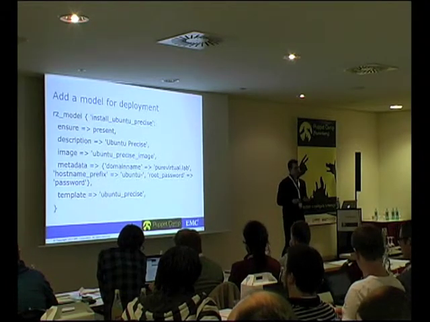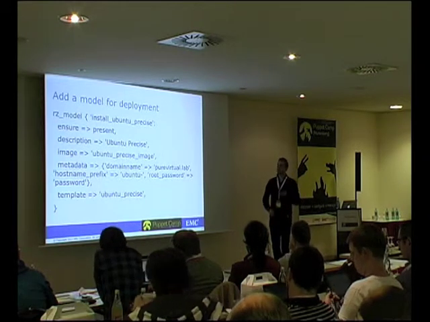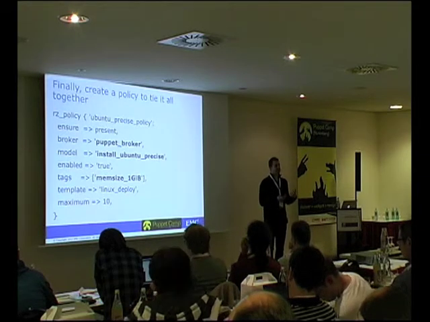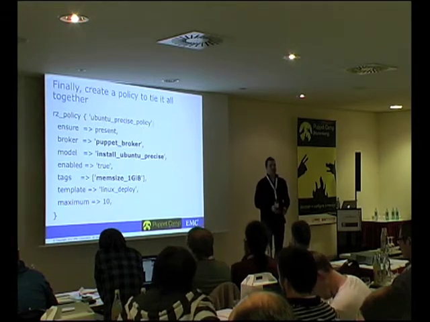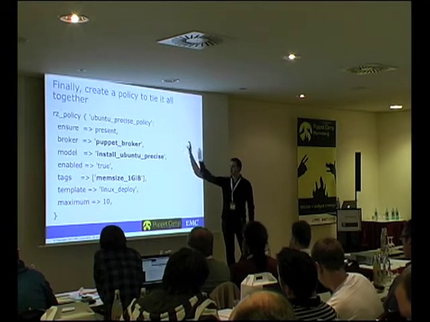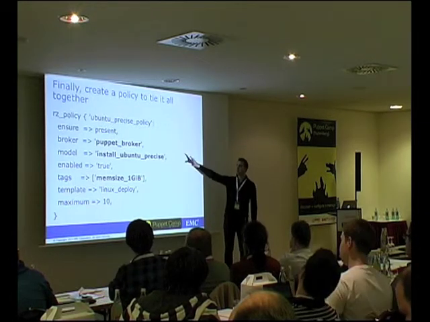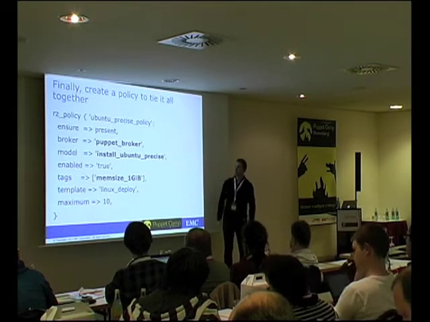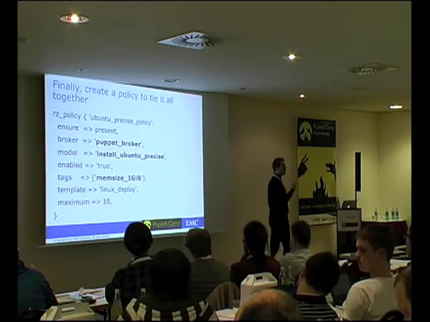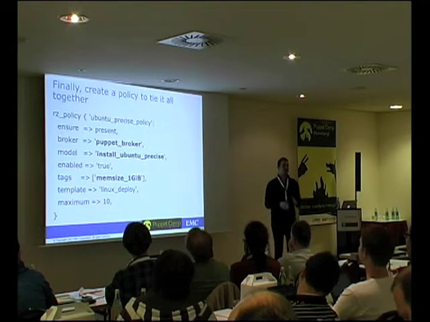So what we do now, when we have the broker, we have the image, we have the model, is that we create something called a policy to bind it all together. So this is the final piece of the puzzle. So I create a policy where I assign a broker that I want to connect to. I assign the model that includes the image, and I use something called a tag to define which servers, virtual or physical, will be installed using this policy.